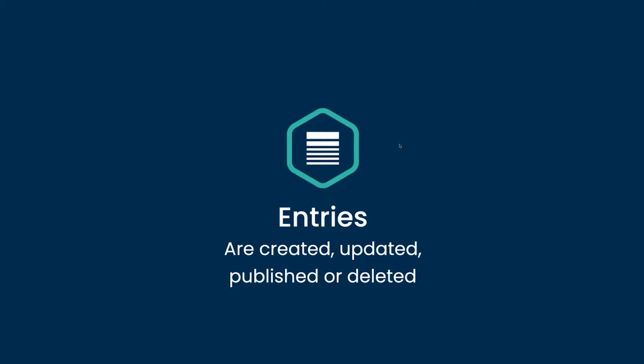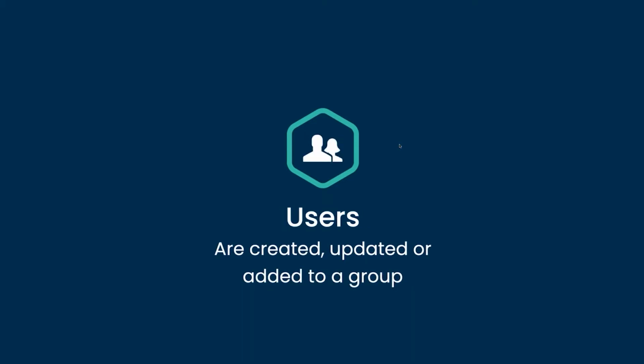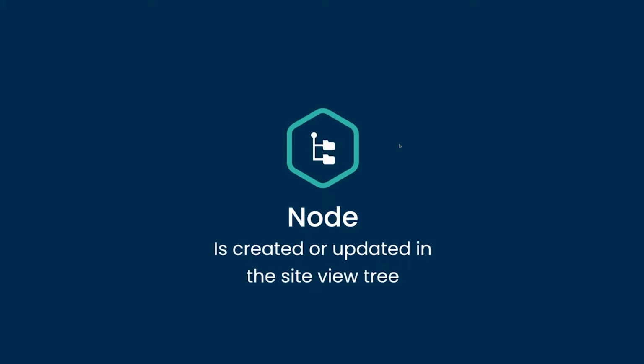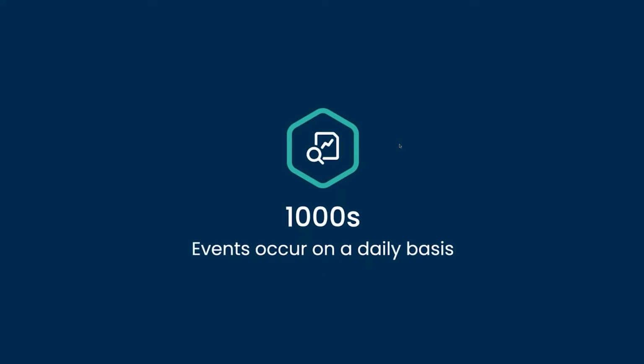This goes for many of the resource types that we have in the product: users and groups, nodes, when something's created in the site view tree or moved or updated. These all trigger a message to be sent to that event service to say something has happened, a change has been made. And there are thousands of these events that can occur on a daily basis.